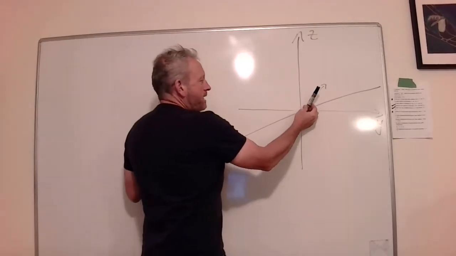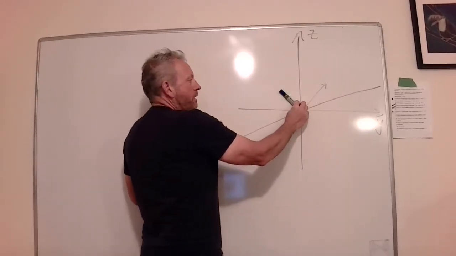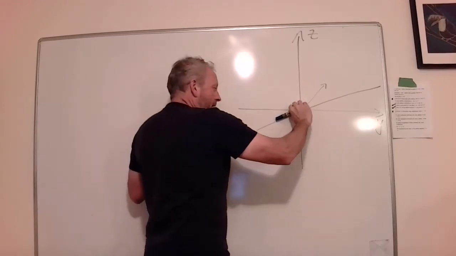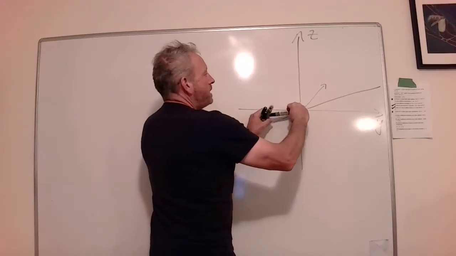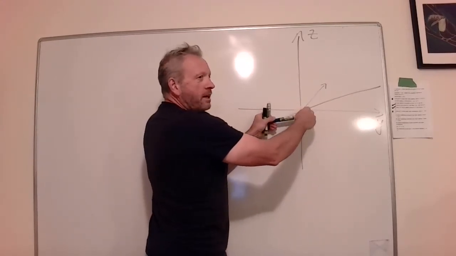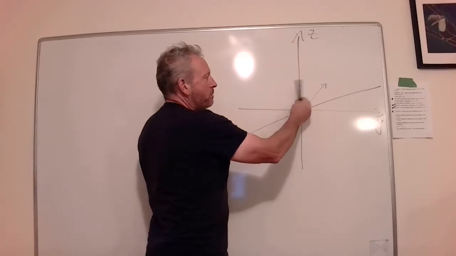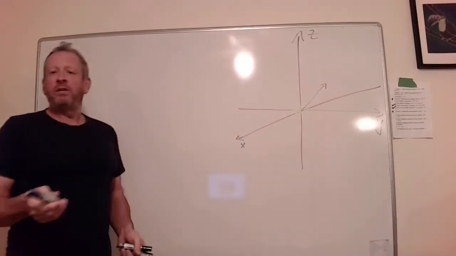So what we do is take this vector, rotate about the z-axis to put it in the xz plane, rotate it about the y-axis to put it coincident with the x-axis, rotate it about the x-axis the required number of radians, and then, you guessed it, reverse the process. And that will achieve the rotation.